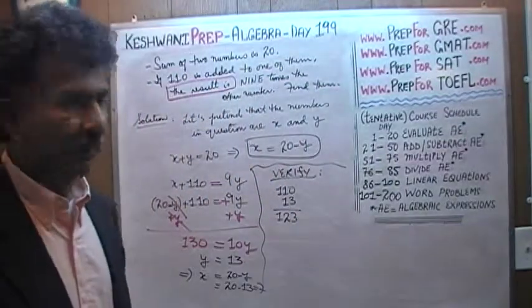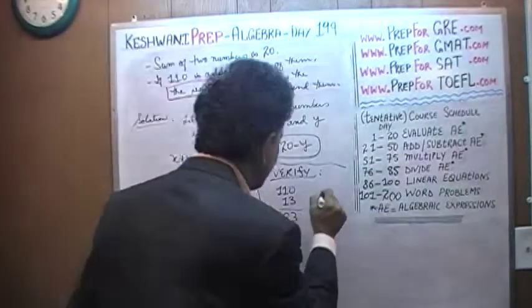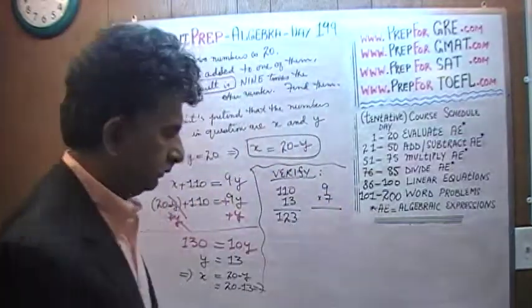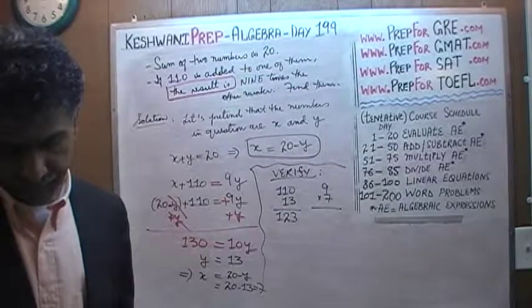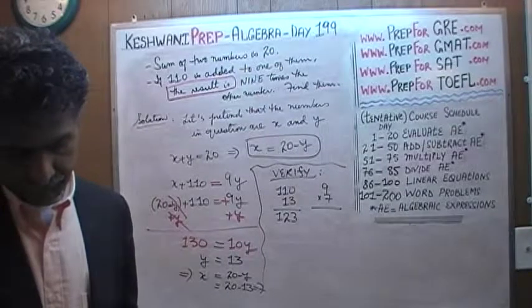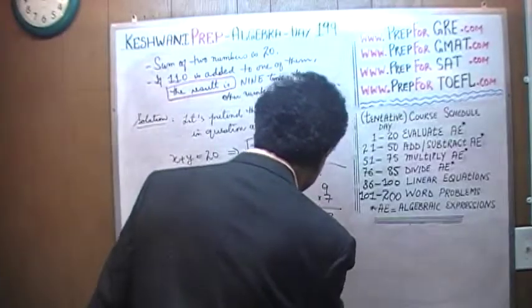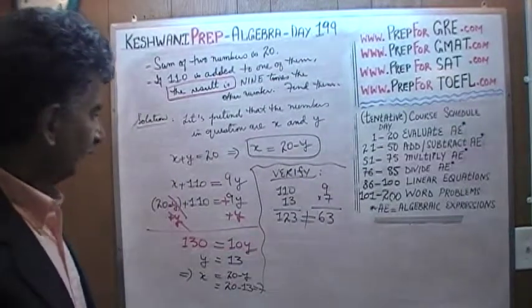That quantity better equal 9 times 7. And it does not. 9 times 7 is 63. It does not. So we messed it up. We mixed up the two numbers, didn't we?